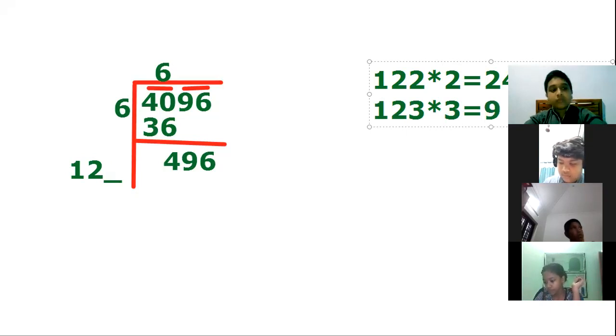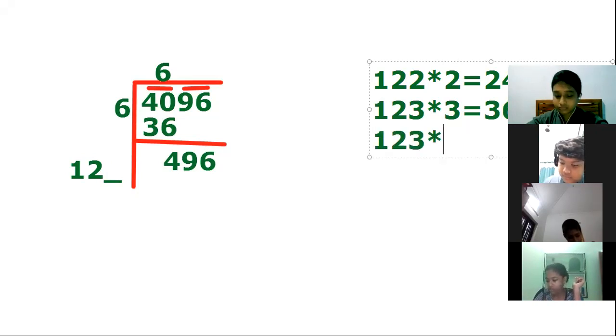3 into 3 is 9, and 3 into 1 is 3, so it is 369. And what about 124 into 4? Sorry, it should be 124 into 4. 4 into 4 is 16, so we can write 6 here, and 4 into 2 is 8, plus 1, it is 9.